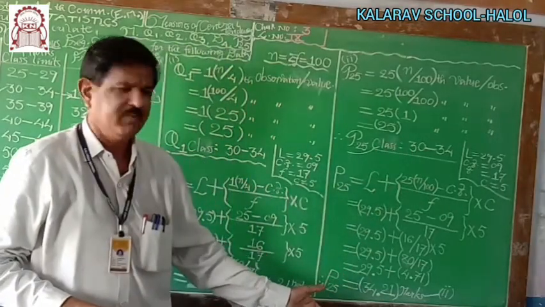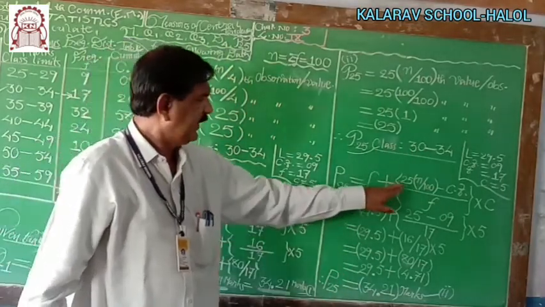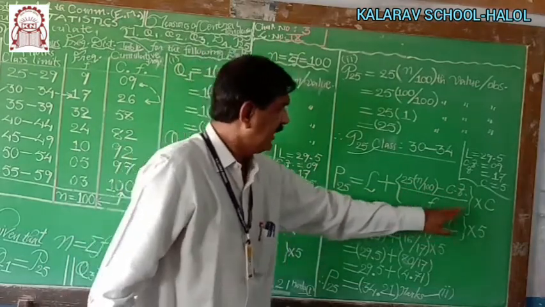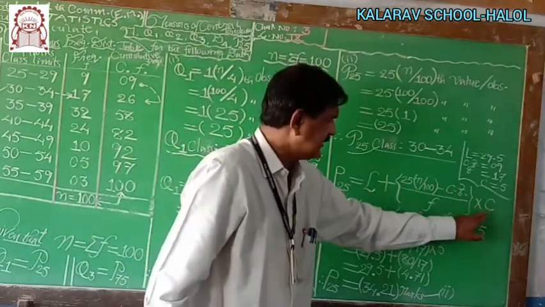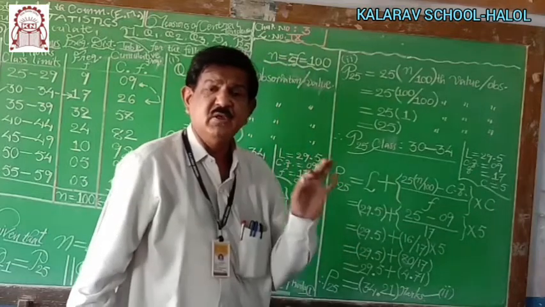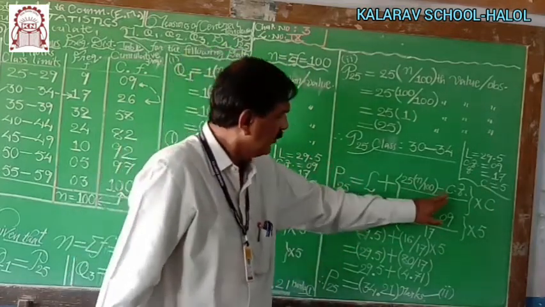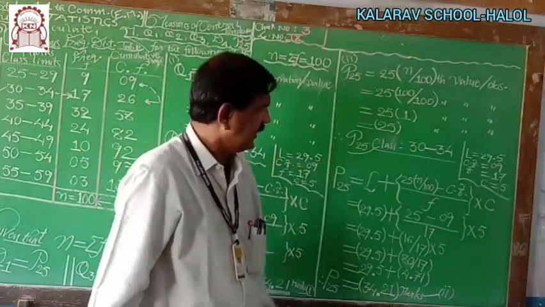The calculation is L plus (25 times n upon 100 minus CF) upon F, multiplied by C. C means the class interval or class width of the respective class. CF is the cumulative frequency preceding the class.